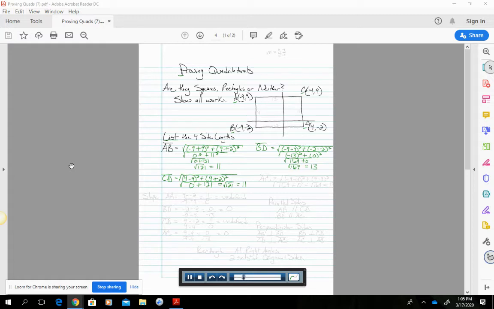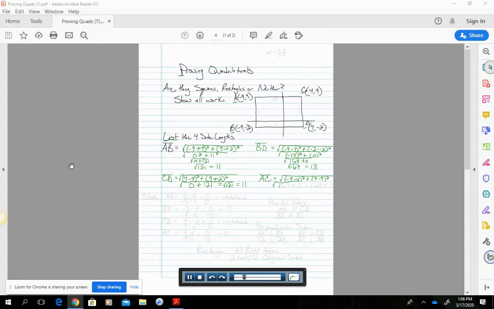My last side I have to do is from A to C. So same thing, big square root, x minus x, so negative 9 minus 4 squared, plus y minus y, 9 minus 9 squared. So from here, I'm going to go ahead and work out my math. Negative 9 minus 4 is a negative 13.